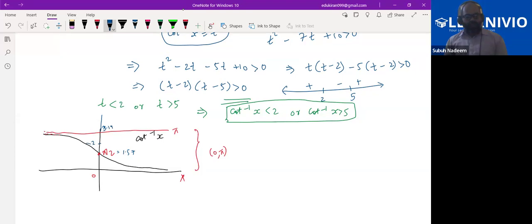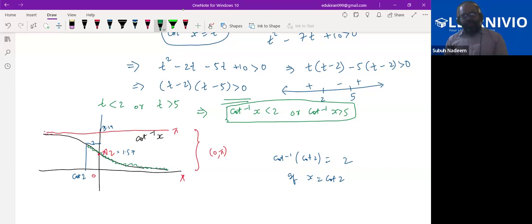And the point where it becomes 2 is where cot inverse x equals cot inverse of cot 2, that is equal to 2. So cot inverse x will become 2 if x is equal to cot 2. So this is the point. And then we have the values less than 2. So this branch, the branch I'm highlighting here, is actually less than 2.